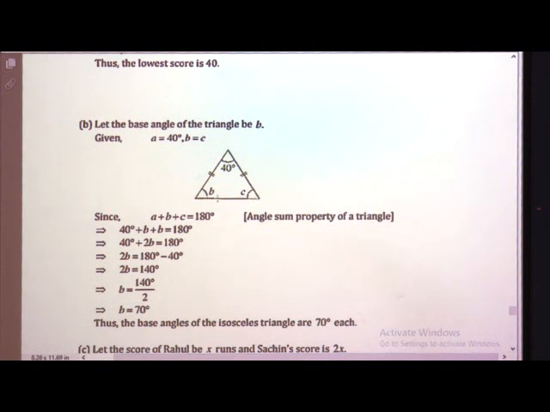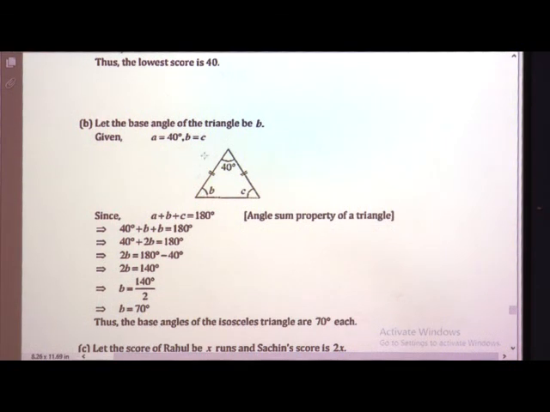So, we know one angle as 40 degrees. We have to form an equation that A plus B plus C is equal to 180 degrees. That is nothing but the angle sum property. Everyone knows that the sum of the angles of a triangle is 180 degrees.